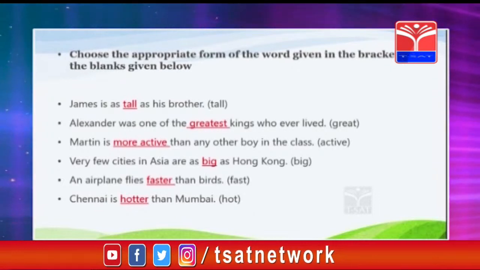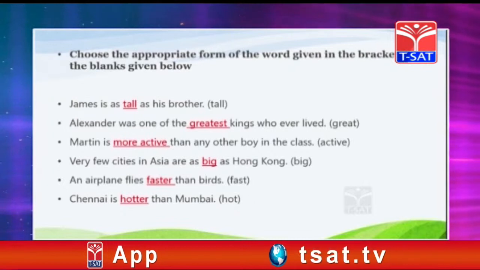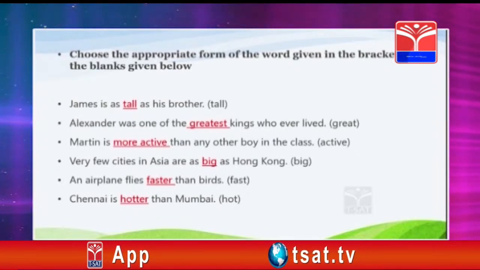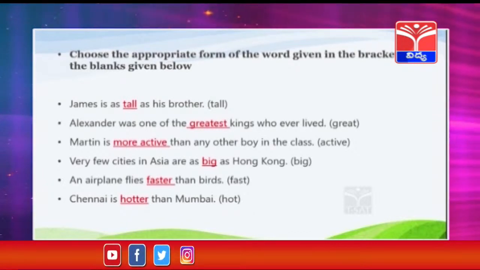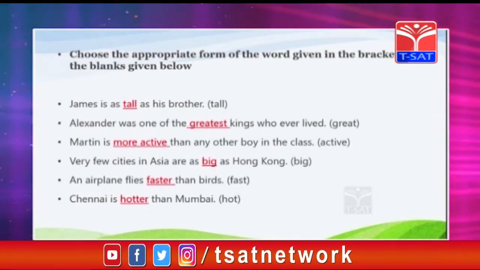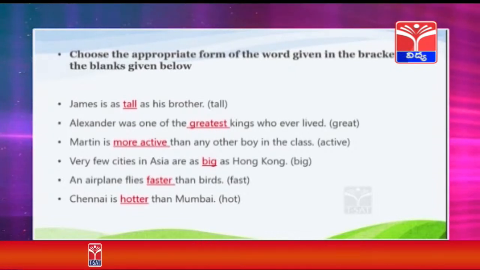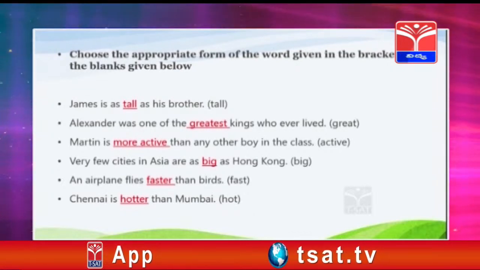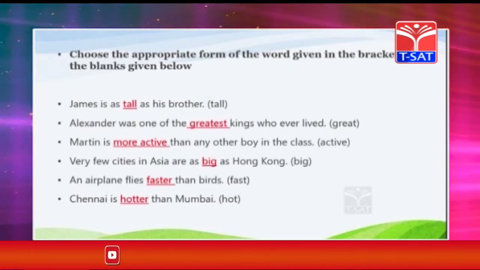Here there is no change of the word. The airplane flies faster than birds. Here the word than is there in the sentence, so we have to use the comparative degree word. Chennai is hotter than Mumbai. So here also we have used the word than in the sentence, so we have to use the comparative degree.